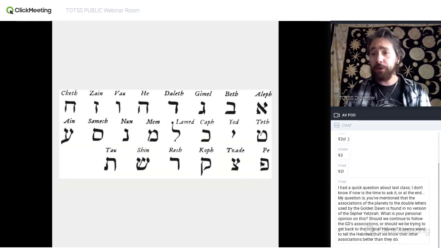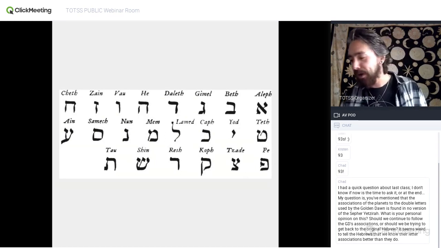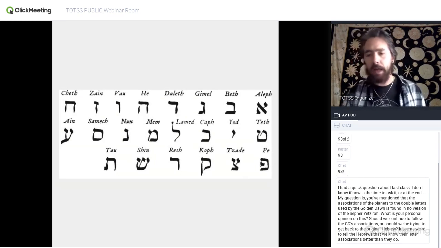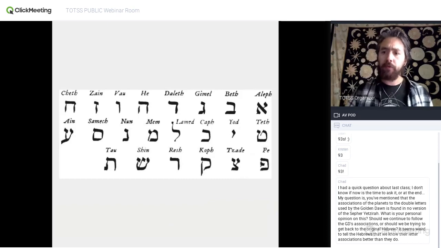Actually, this is something I was going to talk about anyway before we got started, so I'll just transition to it now. One thing I noticed going through Kaplan's translation and commentary is that a lot of the Jewish Kabbalistic tradition is an adaptation of the Greek. Greek Kabbalah is sort of an anachronistic term, right? Because Kabbalah is a Hebrew word.